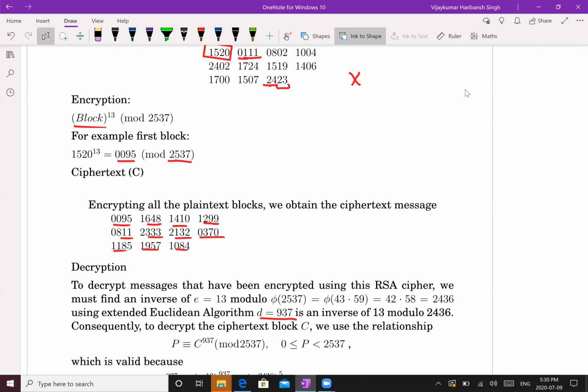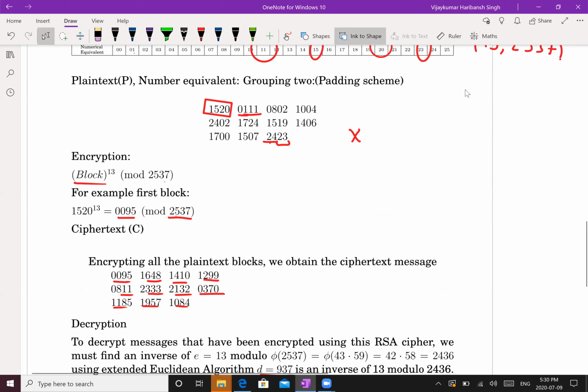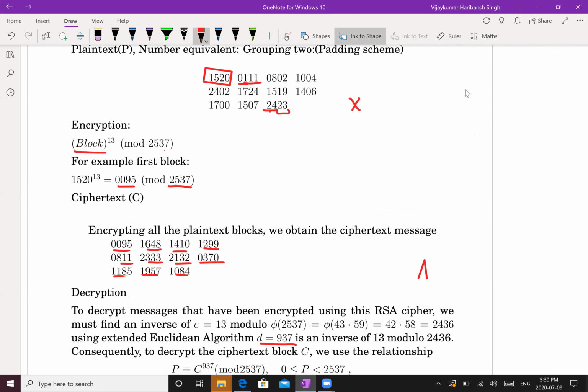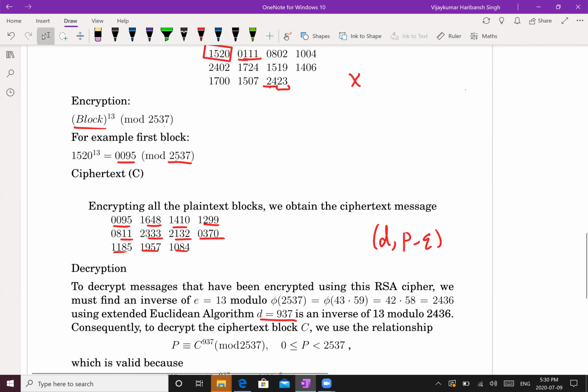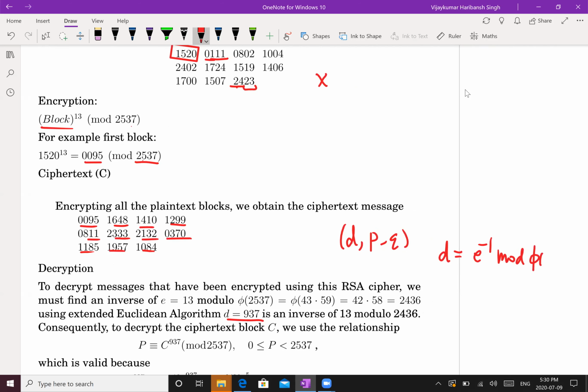Now, how does the decryption work? So Bob's private key is D, P, and Q. He uses D in the following way. His D is calculated as E inverse modulo phi of N. That can be seen as: 937 is the mod inverse of 13 mod 2436.